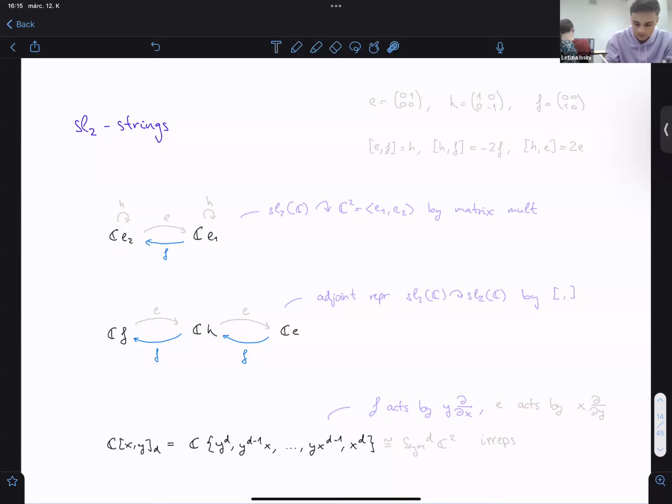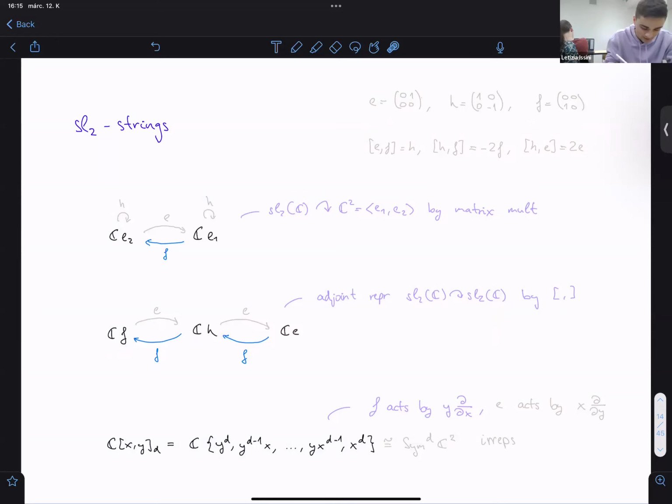SL2C also acts on a three-dimensional vector space quite naturally, namely itself by the brackets. And this is the adjoint representation. And by looking at these formulas here, we can see that the H eigenspaces are going to be the C-span of E, the C-span of H, and the C-span of F. Well, [H, H] is zero either by the definition of the commutator or by anti-symmetry in characteristic not equal to 2, if you just want to look at these expressions.